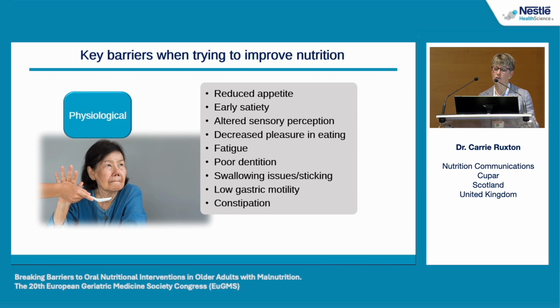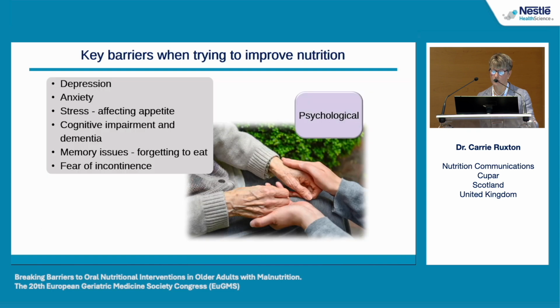And they also might have lower gastric motility, which means that the food is not emptying out of the stomach quickly enough, and that also makes them feel full. They have constipation quite a lot of the time as well, which is related to the immobility, and that can reduce appetite. So there's some physiological things that affect appetite and food consumption.